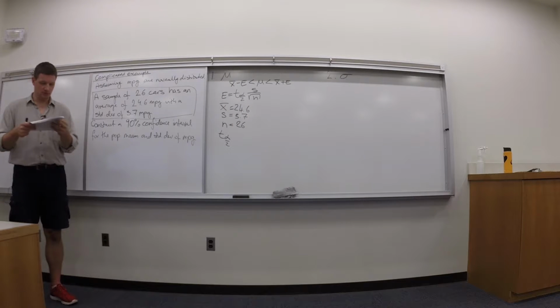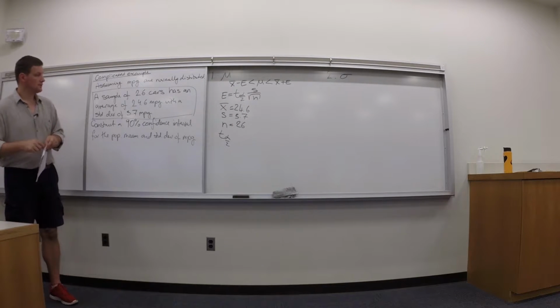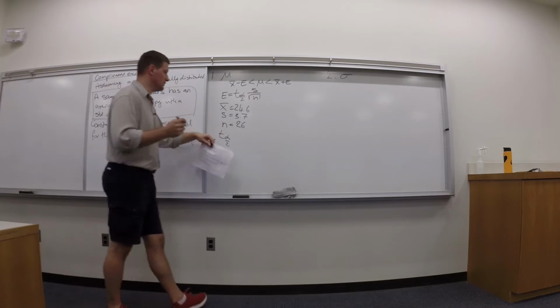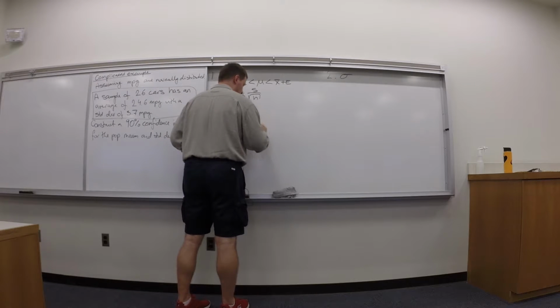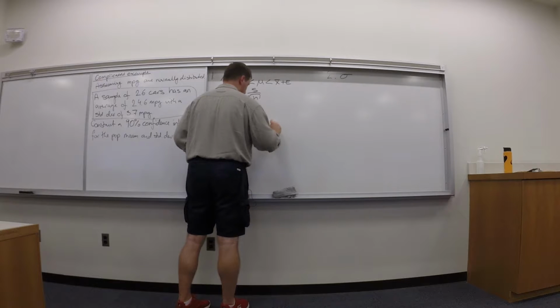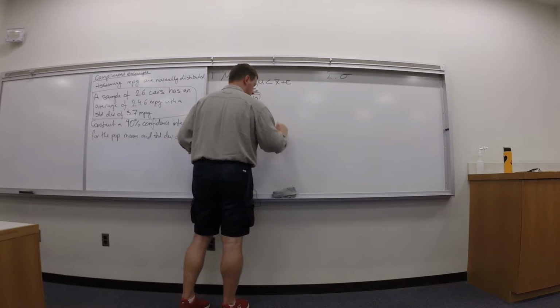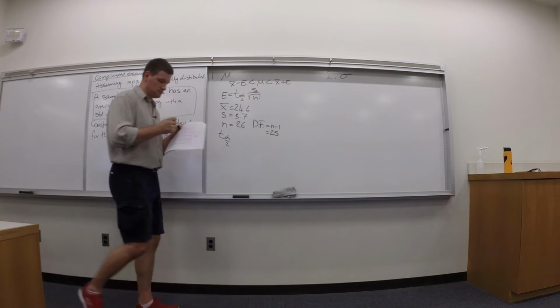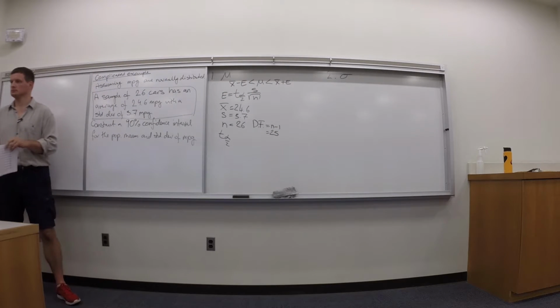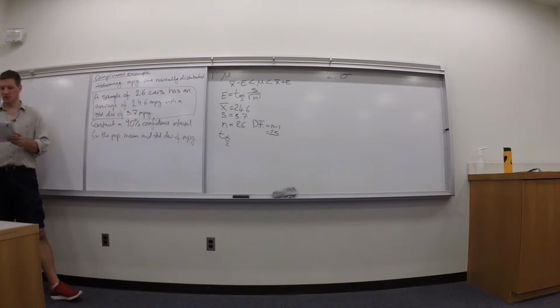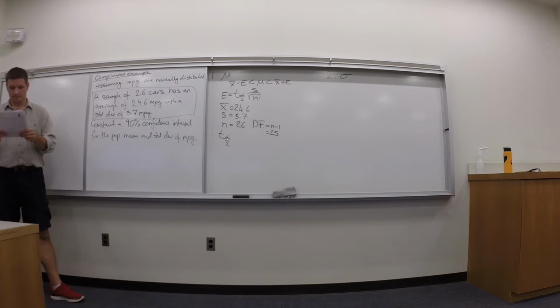So let's look at it. Since we are dealing with T, we should acknowledge that we're going to need df, which is n minus 1, which in our case is 25. And we're dealing with a t-score, so what do you guys see?